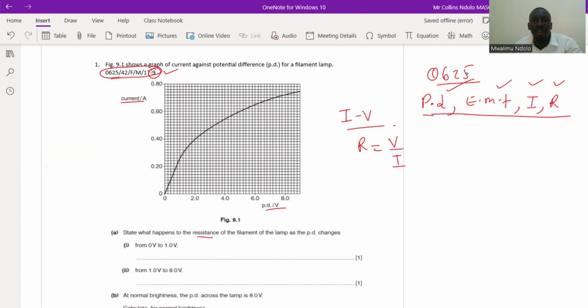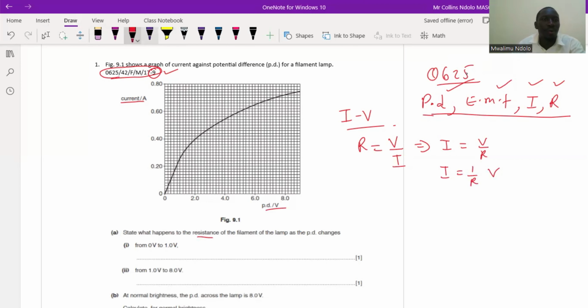But right now we have a graph of current against potential difference. This means that I is given by V over R, and to make it better, I is equal to 1 over R times V. Why am I doing that? So that you can differentiate that this is our Y, this is M, and this is X.